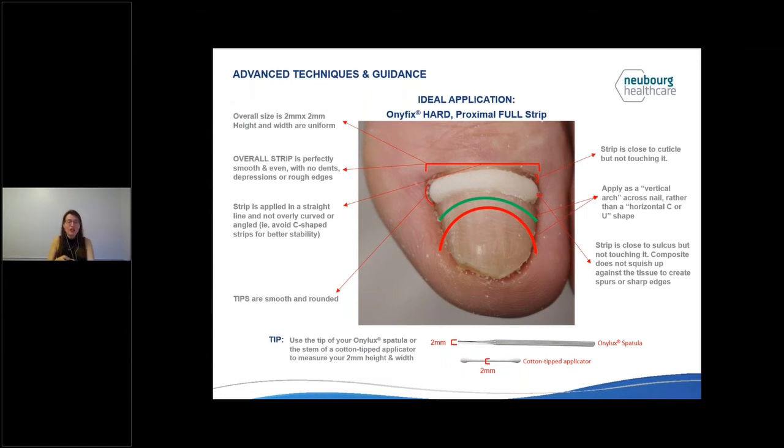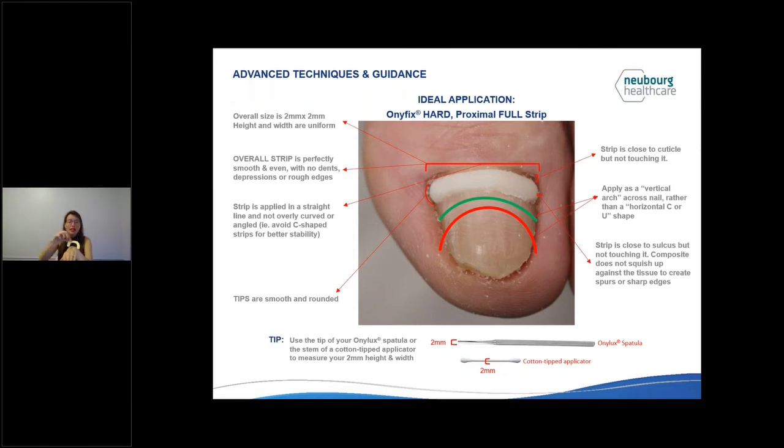We find that oftentimes people will, imagine this is your nail plate, create a flat, almost U-shaped or C-shaped strip, but that's the wrong orientation, because as that patient or client puts pressure on their feet, it's going to start lifting, and in these corners, it's going to start to break and the tips will break off.